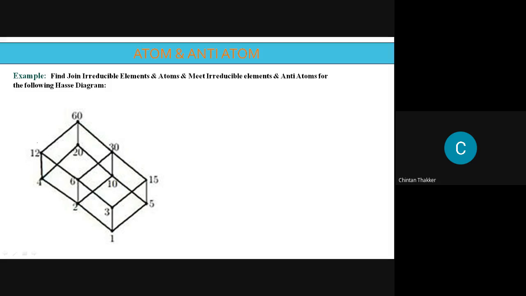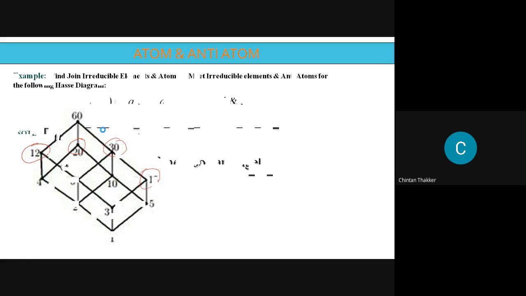So here 12, 20, 30, and 15: for these we have only one line coming from the upside. So these are the meet irreducible elements, and 12, 20, and 30 are covered by 60. So they are anti-atoms.